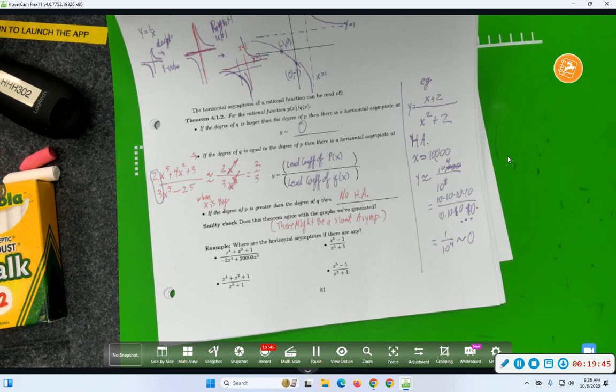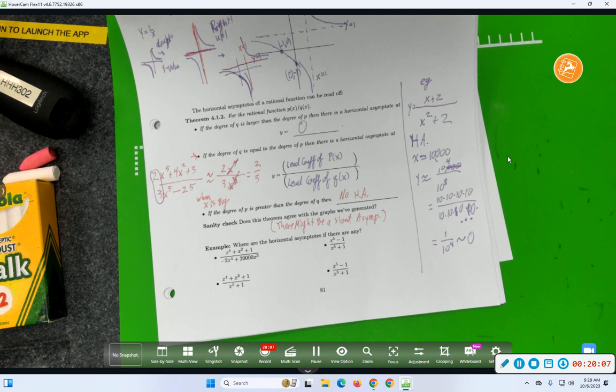What's the biggest power you see on the x on the top of that fraction? What's the same thing in the denominator? 4. So now let's figure out which bullet point we should apply. Is the degree of the numerator bigger than the degree of the denominator? No, so we don't apply this one. Is the degree of the denominator equal to the degree of the numerator? Yes. Cool, so we apply this rule.